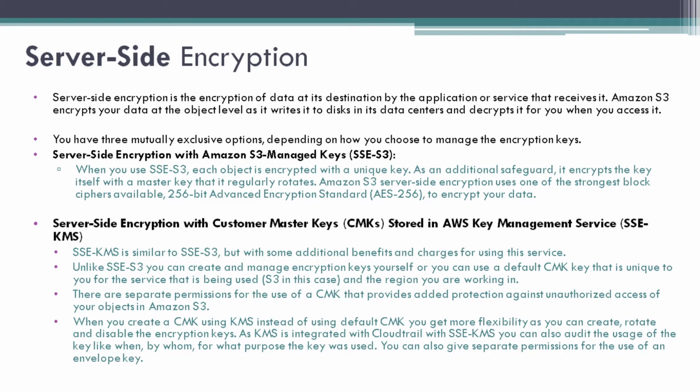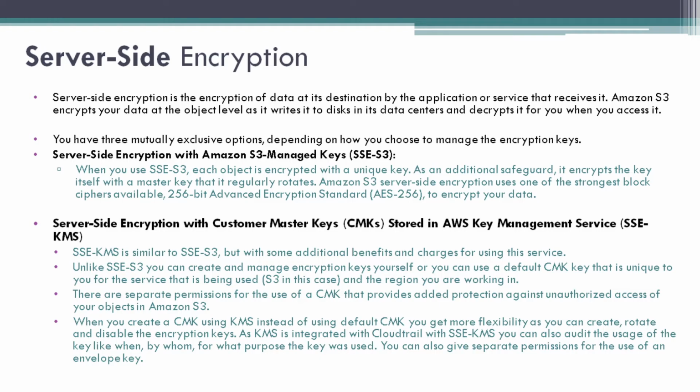Amazon S3 uses a unique key for each object. As an additional safeguard, it encrypts the key itself with a master key that is regularly rotated. So Amazon S3 encrypts our data with a key that is unique for each object, and as an additional safeguard, the key itself is also encrypted and rotated regularly with that master key.